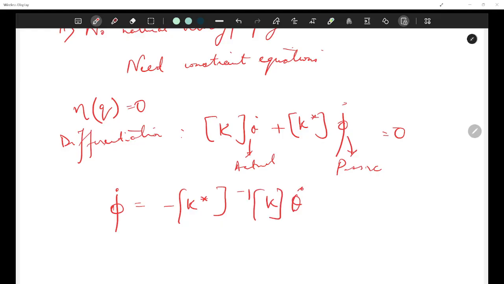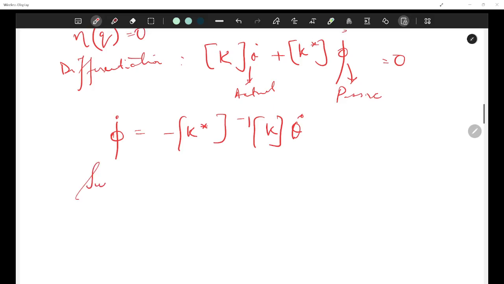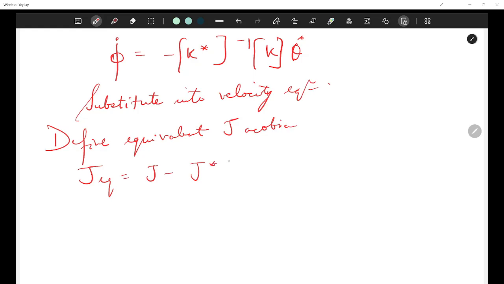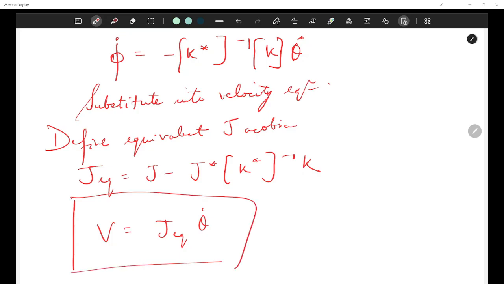You substitute this into the velocity equation and define an equivalent Jacobian, which is given by J minus J star K star inverse K. So the final thing is V is J equivalent into theta dot. It is not as simple as J, as it was in case of serial manipulators.